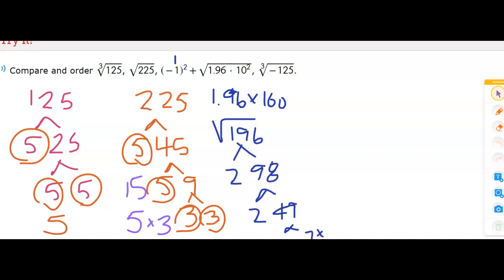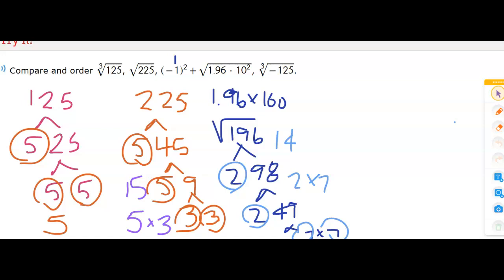So our prime numbers here are 2, 2, 7, and 7. So groups of 2, we have 2 and 7. That equals 14. So the square root would be 14 of that expression.